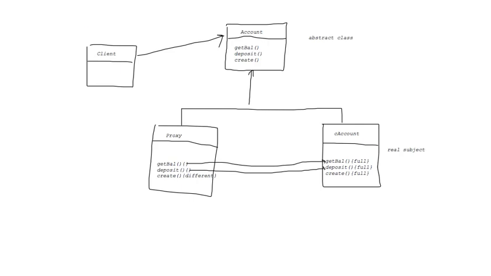Okay, so these are the three methods, and we know when we have the banking system, the client can directly access this method, get balance. He can get the balance, and he can directly deposit money. But create account, he doesn't have the privilege to access this method.